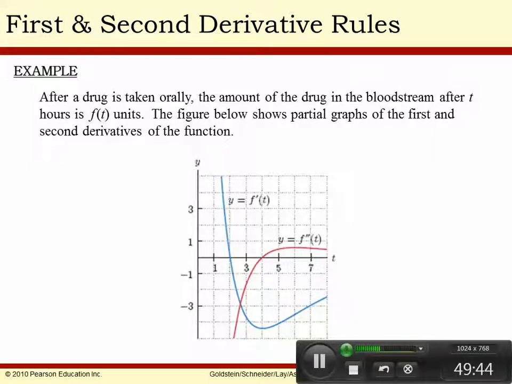Now, we know that f double prime of x is equal to 0 where? At 4. f double prime of 4 equals 0, and f double prime of x is greater than 0 if what?